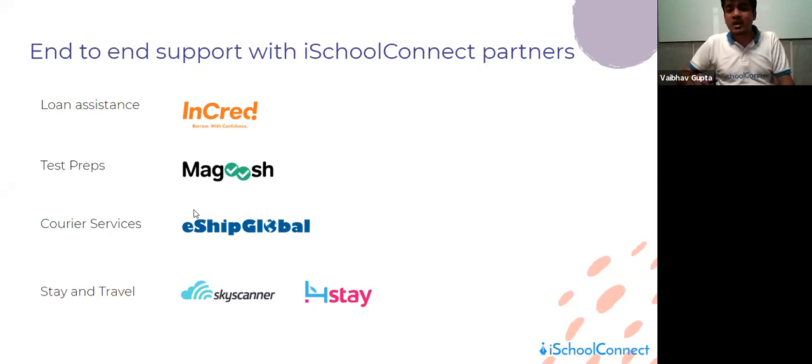For courier services, we have collaborated with an international company called eShip Global. For travel, Skyscanner is one of the biggest websites in the world, and Forstay is another website for long-term accommodation needs in the US and across the globe. You get all these services with our subscriptions as well.